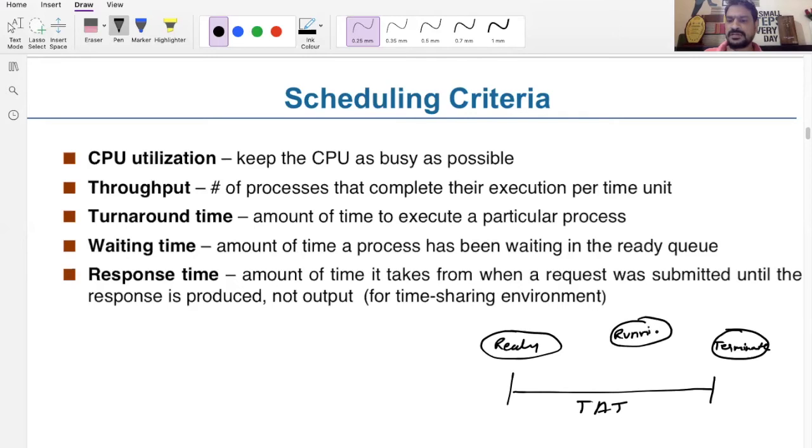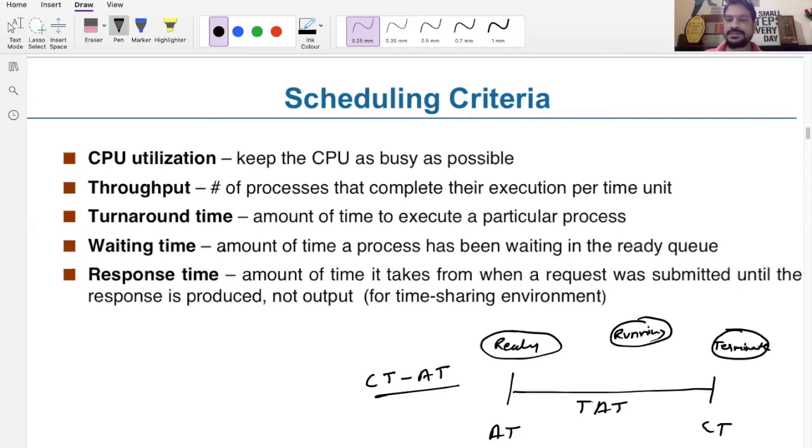So a process coming in is the arrival time and the completion time of the process is when it finishes. Turnaround time is completion time minus arrival time. Getting it? When a process comes into the system and when it goes out of the system, that duration is called turnaround time. So the whole execution will take place.